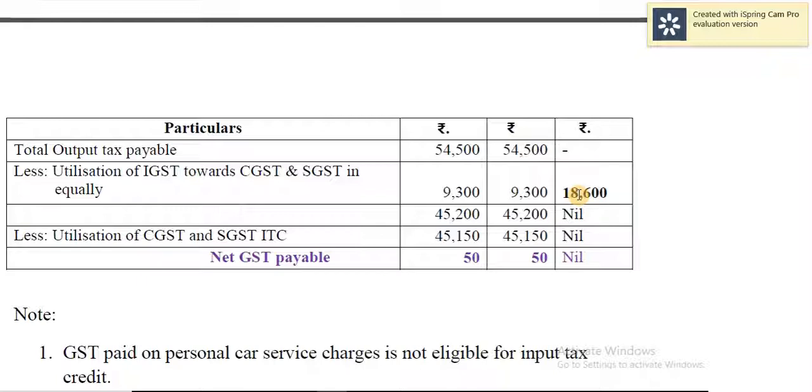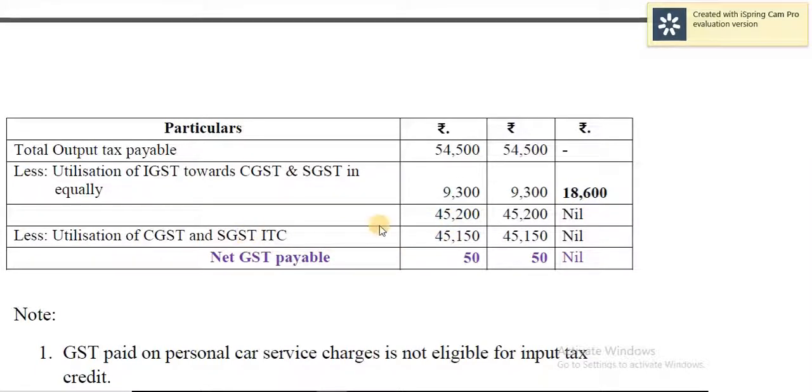So that should be utilized towards payment of CGST and SGST. We are doing that equally, but there is no rule as such. That could be utilized in any order and in any proportion, which I have already explained earlier. So after set off of 9,300 and 9,300 from IGST, what remains is 45,200 CGST and 45,200 SGST, and the entire surplus is exhausted.